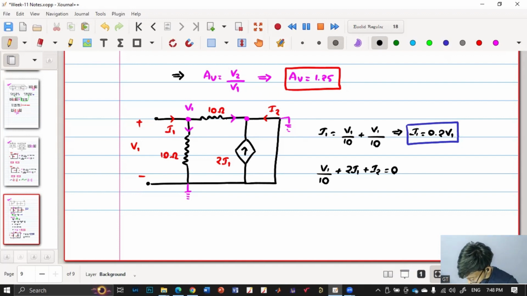So V1/10 is 0.5 I1, plus 2I1 equals minus I2.